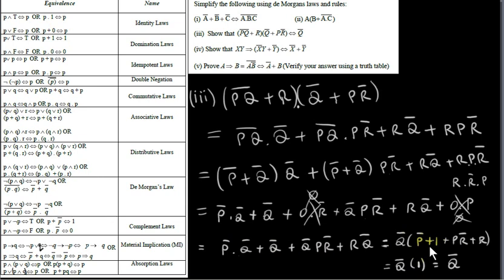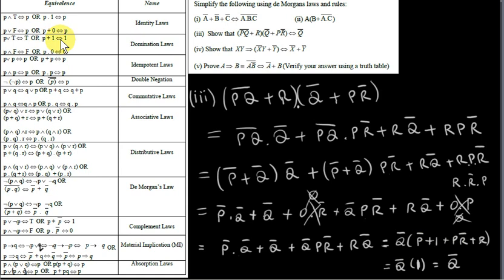Now, the last step uses a domination law. If we take any proposition P and add 1 to it, we find that P plus 1 is equivalent to 1. Now, of course, it looks more complicated here, but it doesn't matter. We can think of the P bar plus the PR bar plus the R as our single proposition. So basically once we're adding 1 onto a proposition, we get 1.